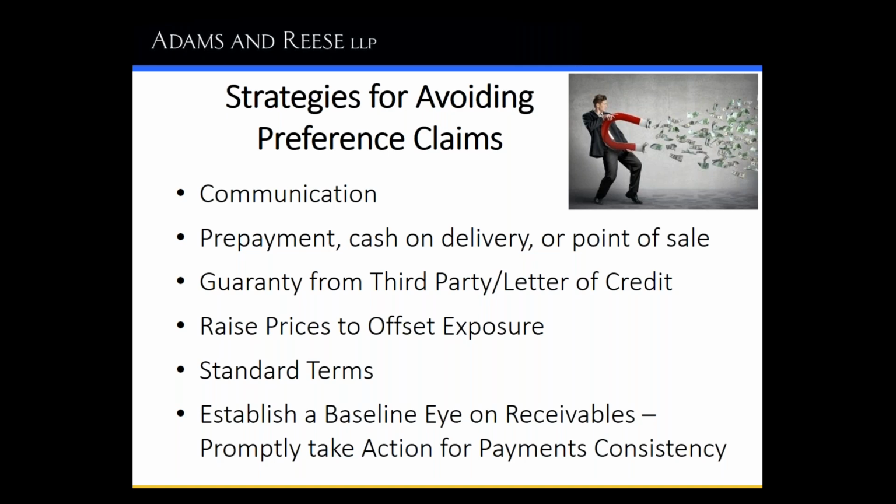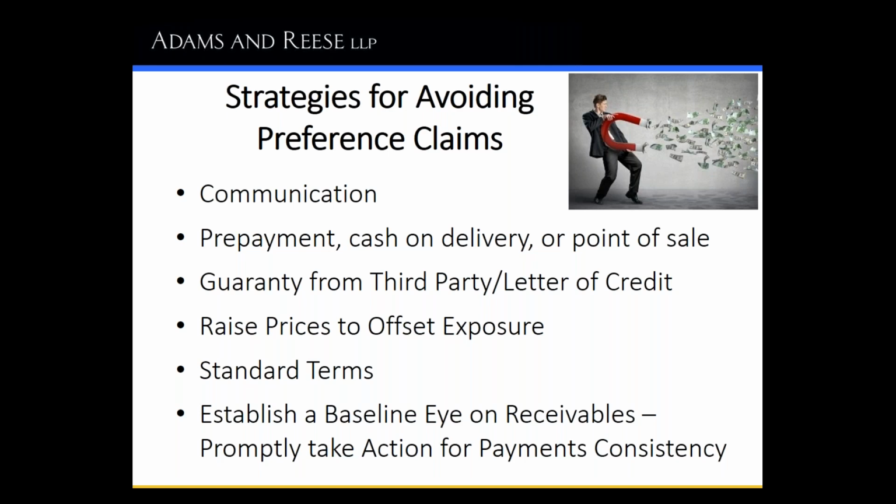Things the debtor's lawyer is going to ask for in discovery, for example, to look at ordinary course, is going to be whether you, as a business, reduced that customer's credit limit, whether you shortened payment terms, whether you changed the mode of payment, for example, check to wire transfer, whether you withheld shipments or threatened to withhold shipments in order to get payments.